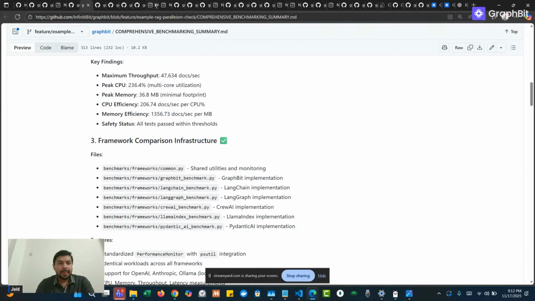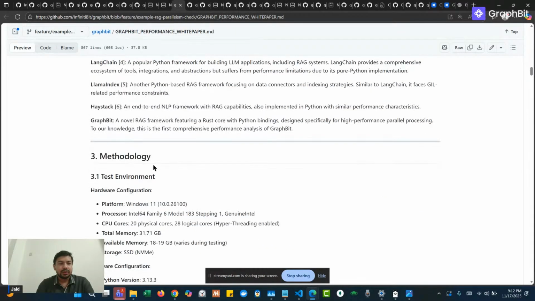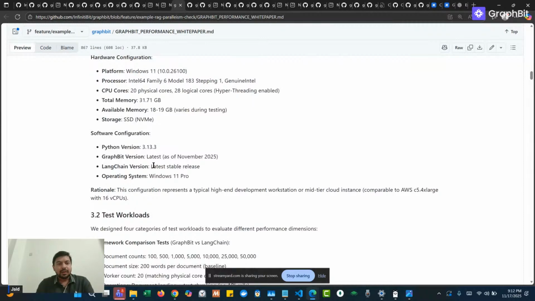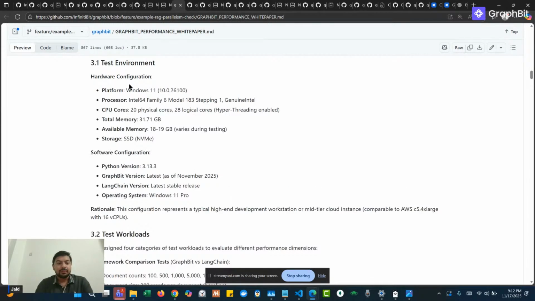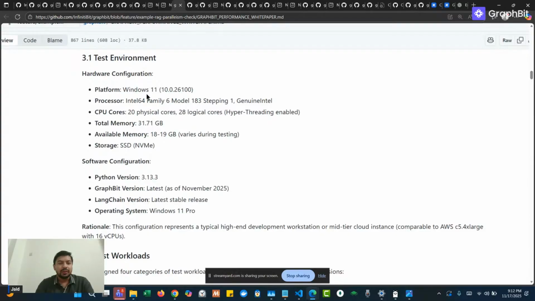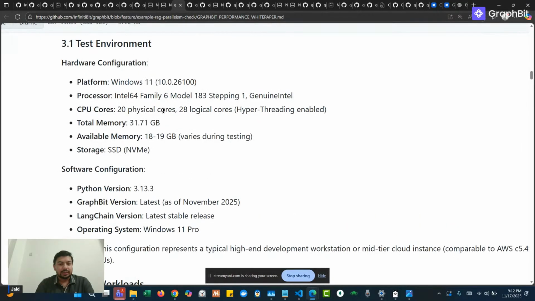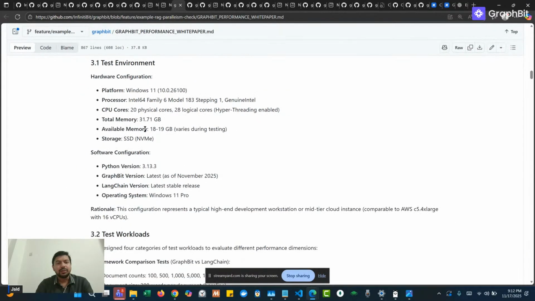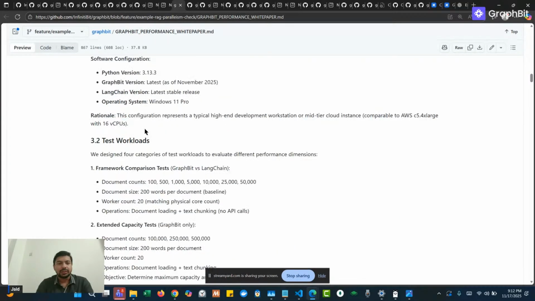The current machine is a Windows system with an Intel 6th Gen processor. The CPU has 20 physical cores and 28 logical cores, and the total RAM is just under 32 GB. We are using Python 3.13 for the test.